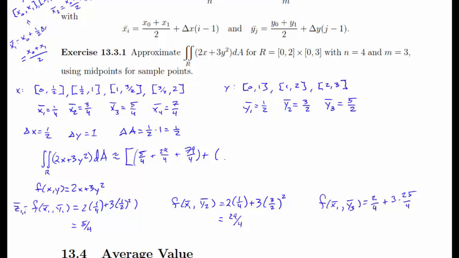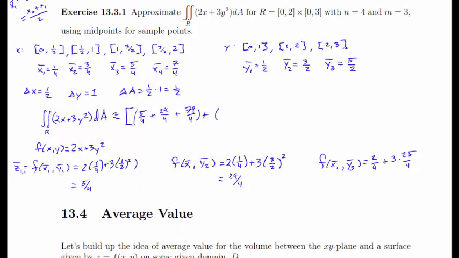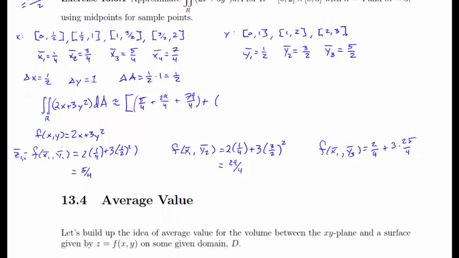Now we want to speed this up a little bit, so I'm going to scroll. I want to just get these down. So I've got f of x2 y1 equals 6/4 plus 3/4. I'm going to do this a little bit faster.